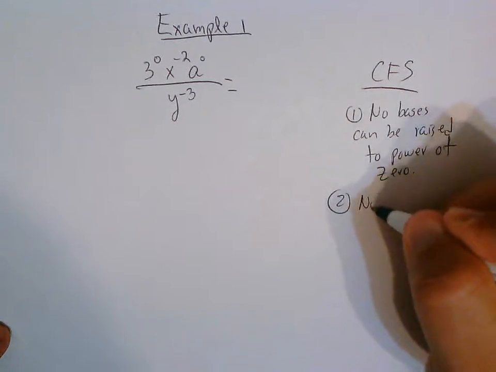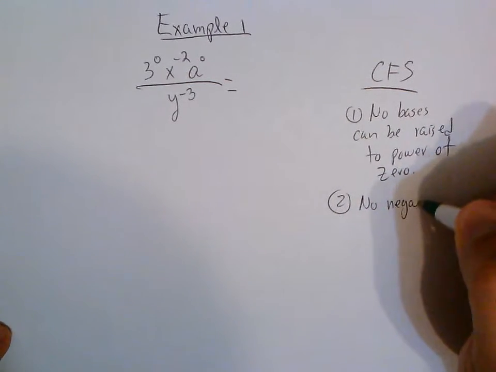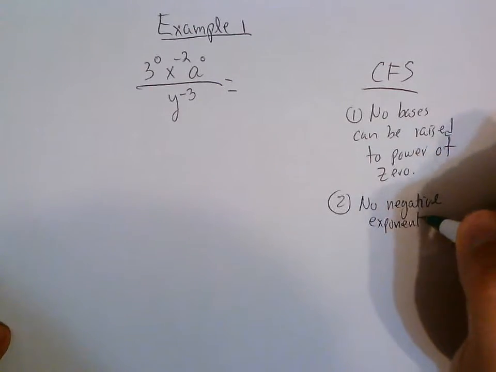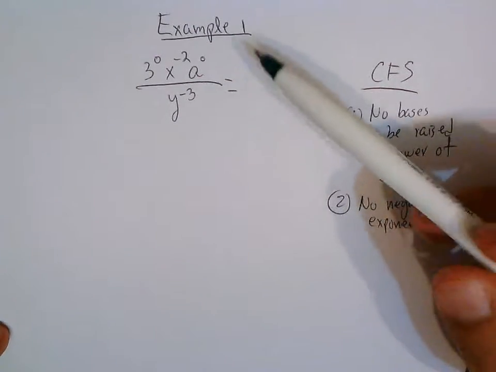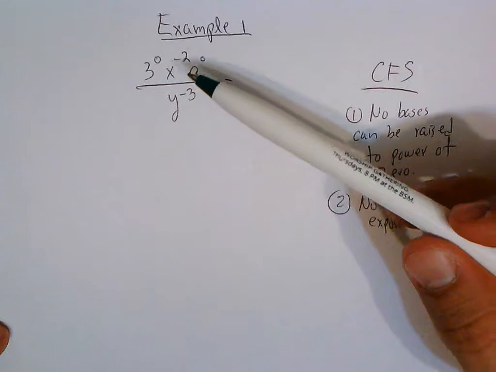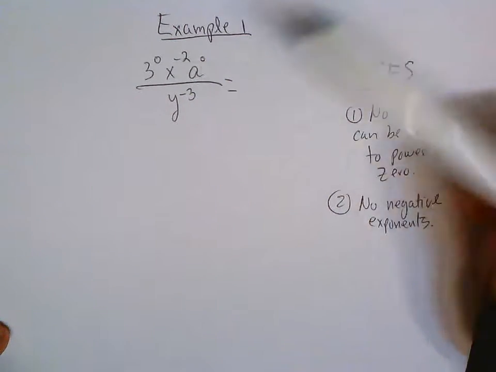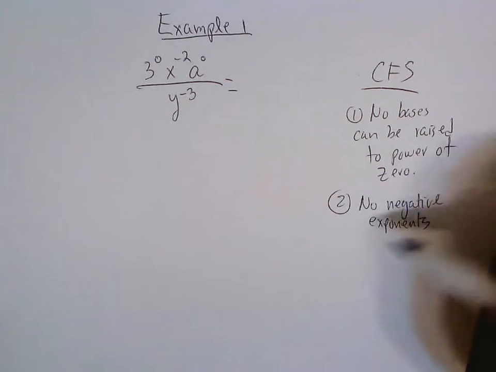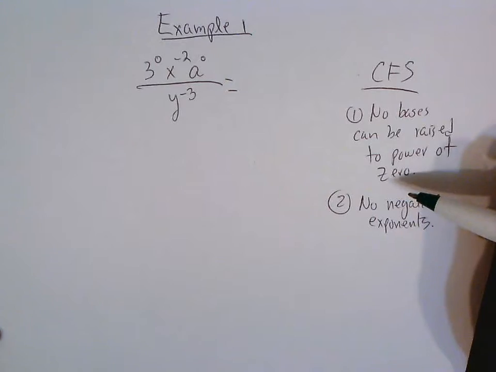So I can't have negative exponents. And this will be true for any expressions where you have terms raised with any power, okay? No negative exponents at all. This is a big one.